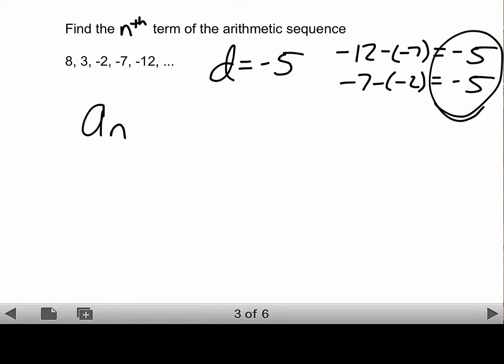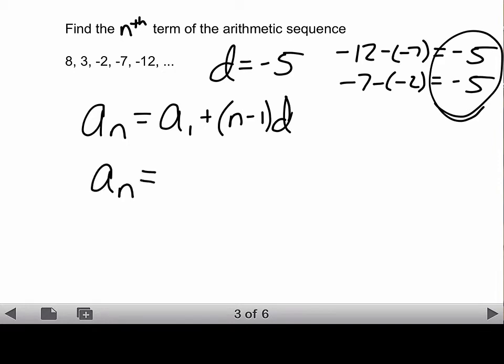The nth term is the first term, a sub 1, plus n minus 1 times d, the common difference. So in this case, the nth term, a sub n, is equal to the first term, 8, plus n minus 1 in parentheses, times the common difference, negative 5.